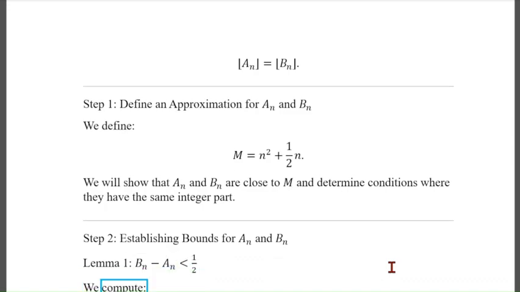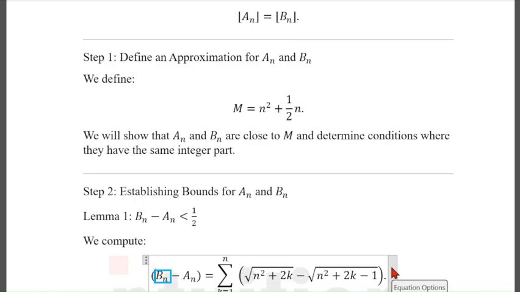We compute B_n minus A_n equals the sum from k equals 1 to n of (√(n²+2k)/n minus √(n²+2k−1)/n).